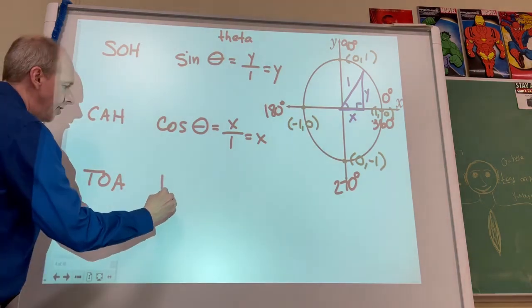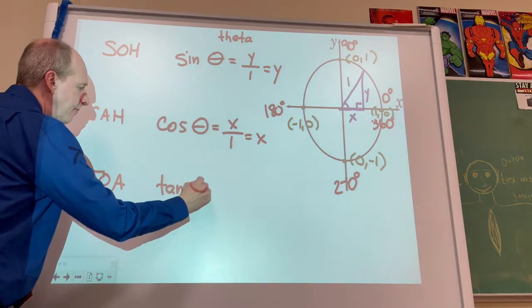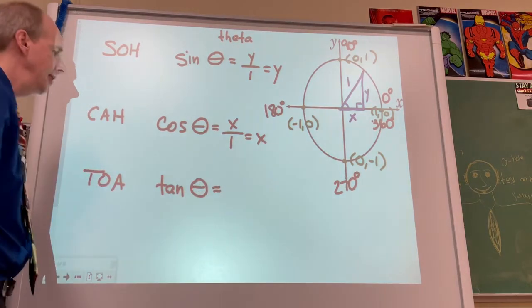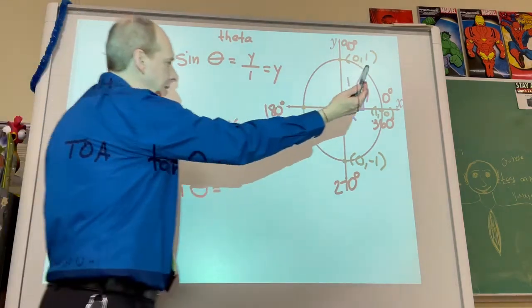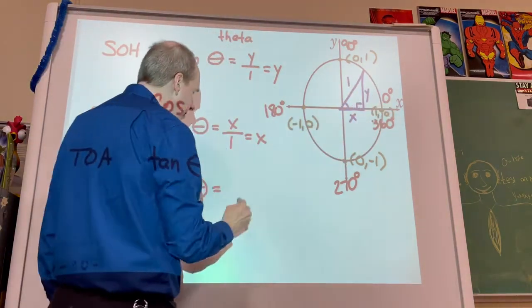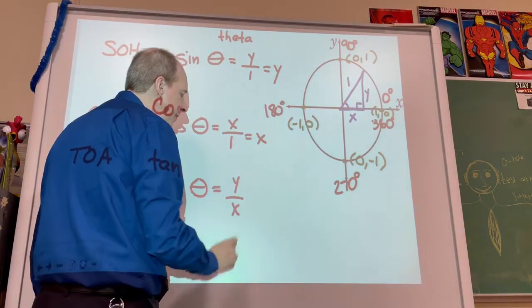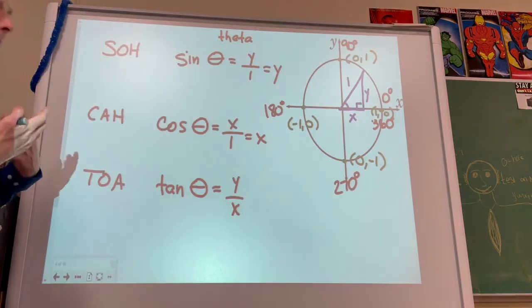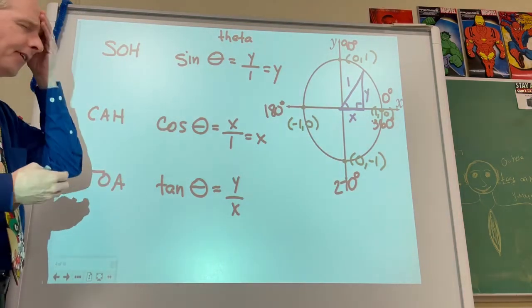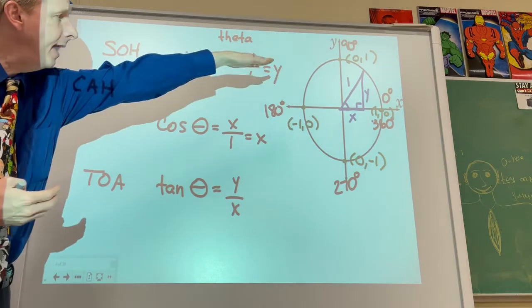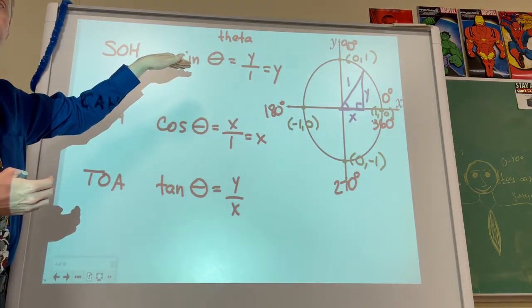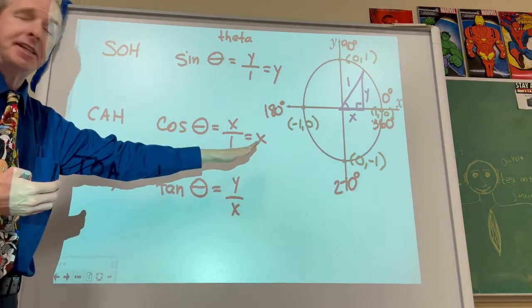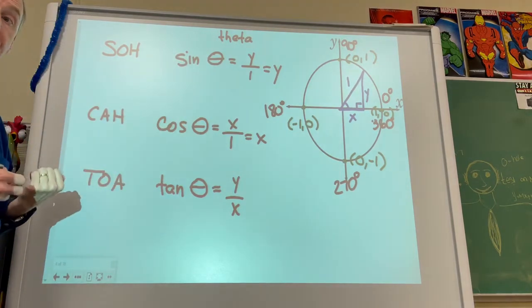Tangent, opposite over adjacent. So tangent of angle theta would be opposite, the y, divided by adjacent, the x. So look at what we have. Y divided by x. Y is sine. X is cosine.